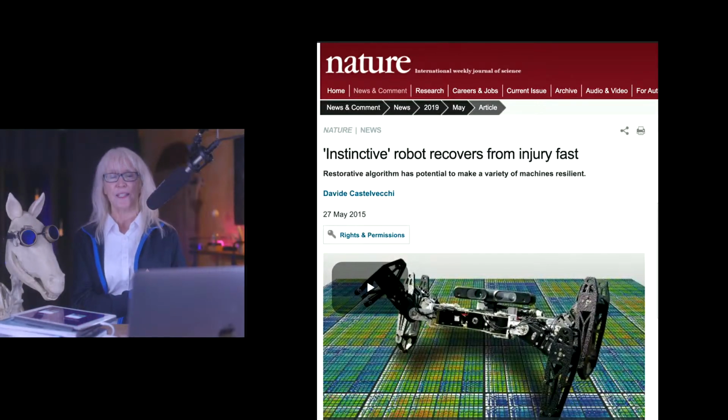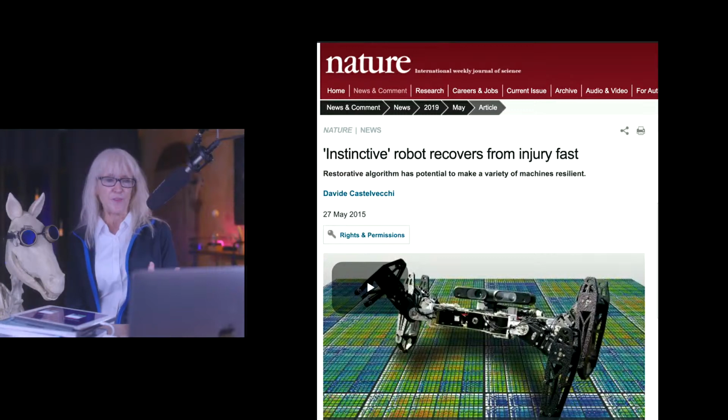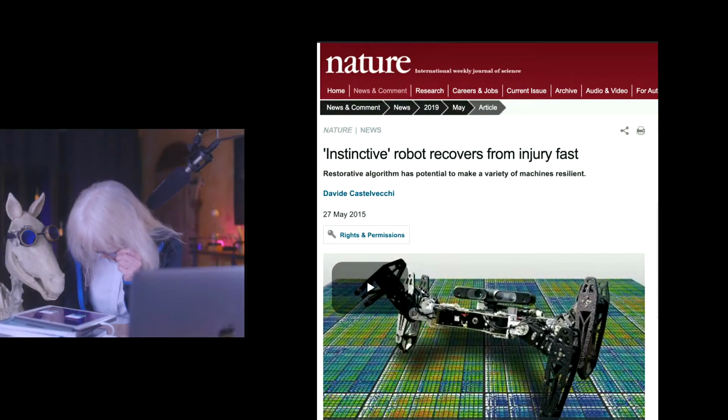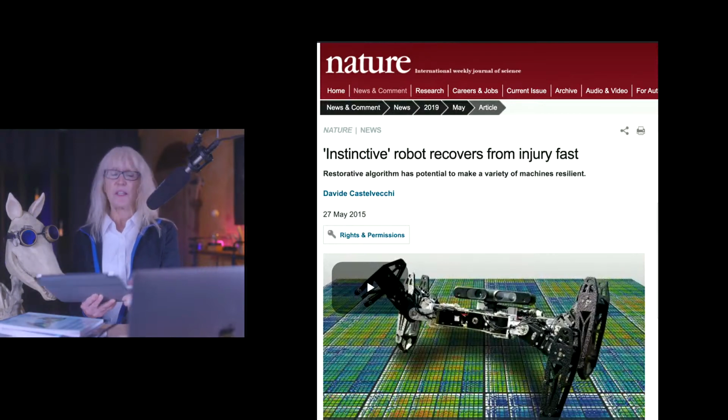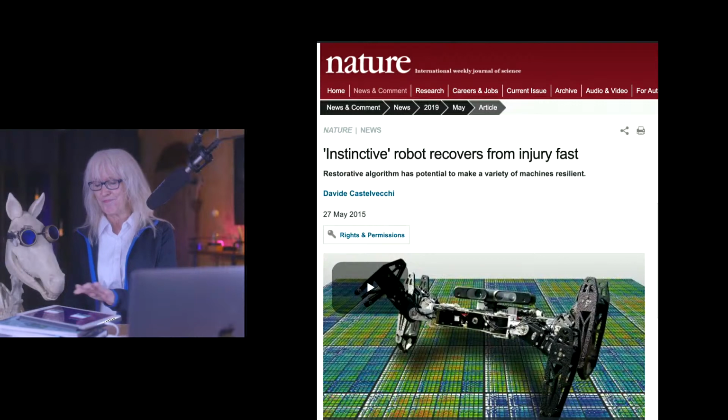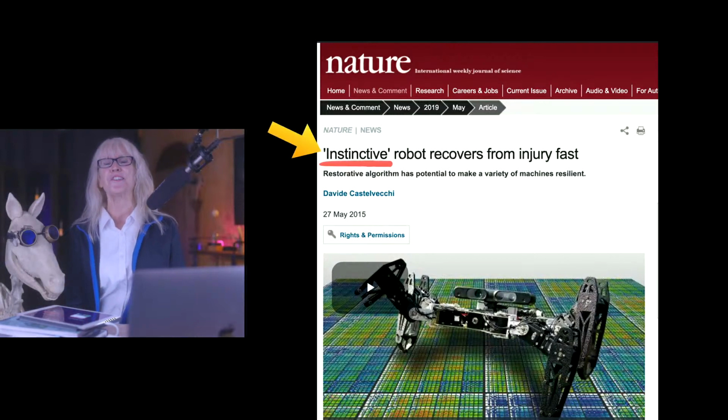But we want to exploit that. And they even use the word instinctive: robot recovers from injury fast. Restorative algorithm has the potential to make a variety of machines resilient.